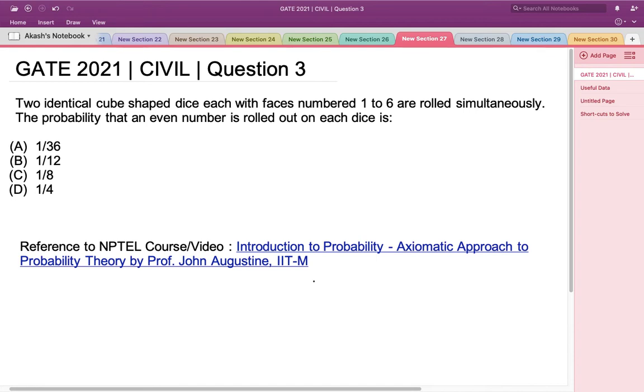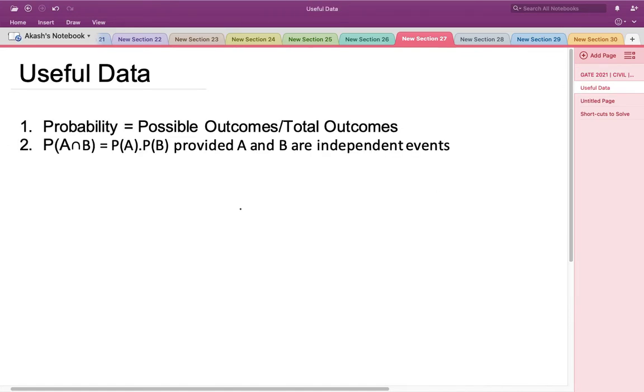So, in order to solve this problem, let's have a look at the useful data. The definition of probability in the simplest way is the number of possible outcomes of a particular event divided by the total number of all the outcomes of the same event.